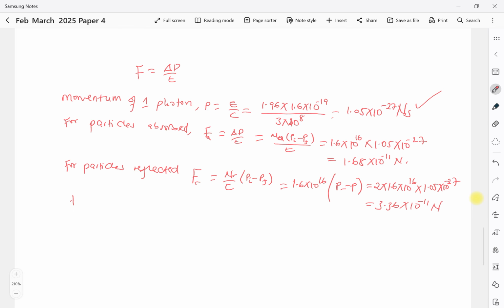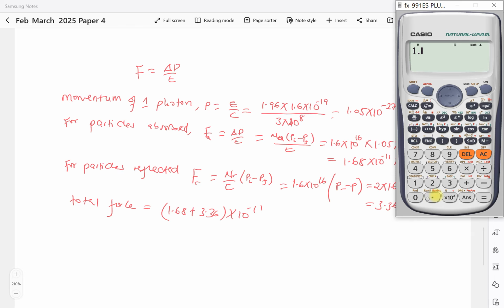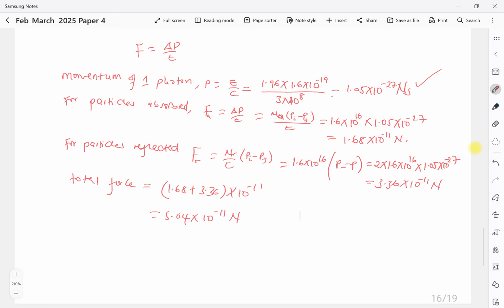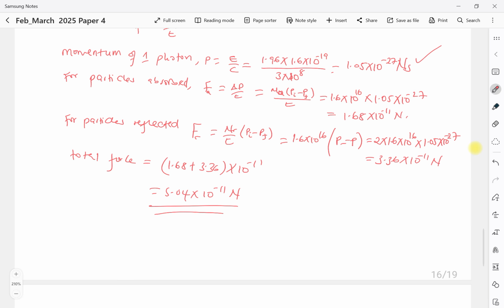So it means the total force is just going to be 1.68 plus 3.36 times 10 to the power of minus 11. 1.68 plus 3.36 is 5.04 times 10 to the power of minus 11 newtons. Therefore, the total force is again 5.0 times 10 to the power of minus 11 newtons.